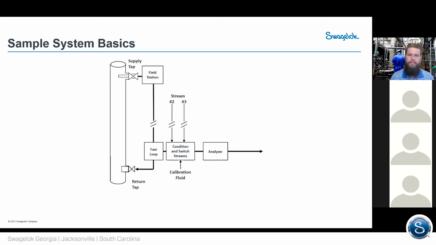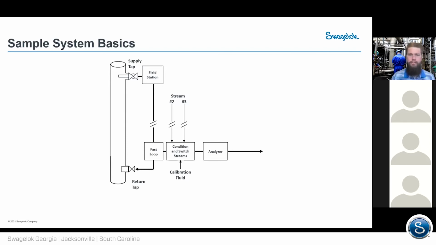Next thing I want to talk about is maybe adding a fast loop section. So maybe we're sampling a liquid in this case, and the liquid is traveling at a really high flow rate. However, we can't take that flow rate into the analyzer.